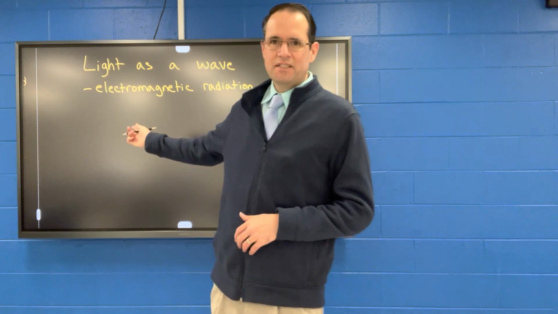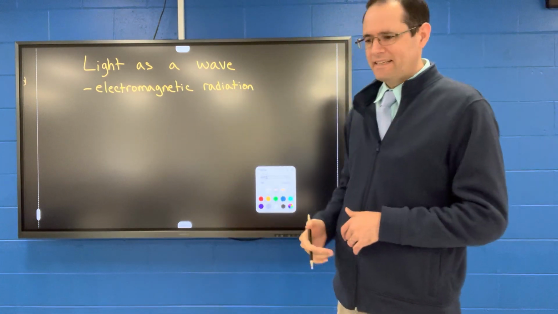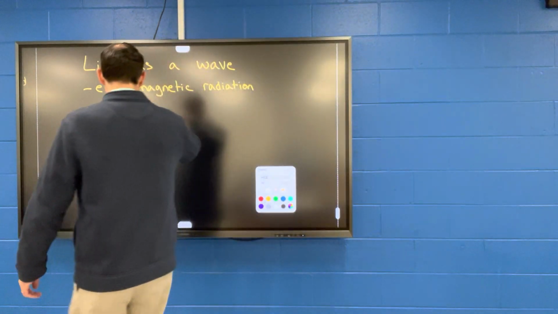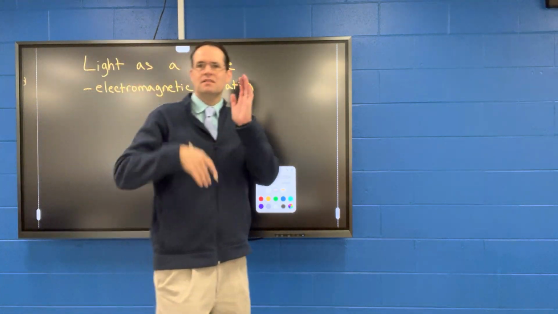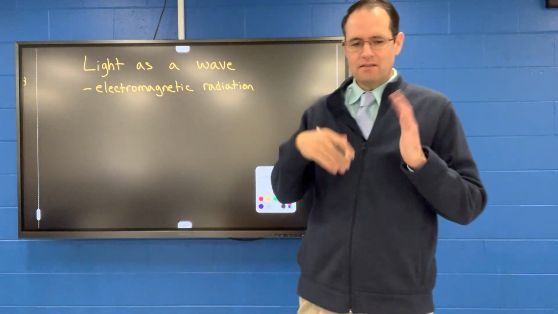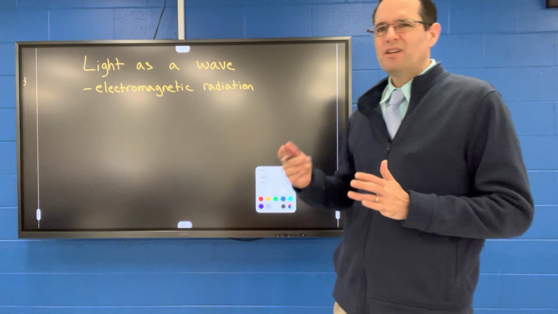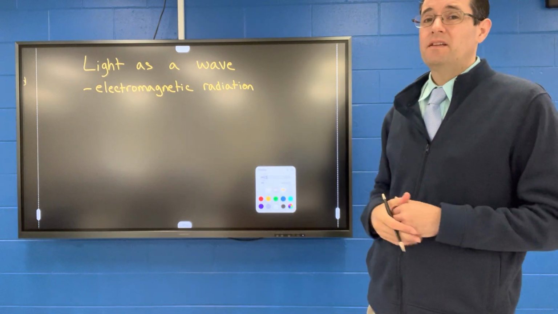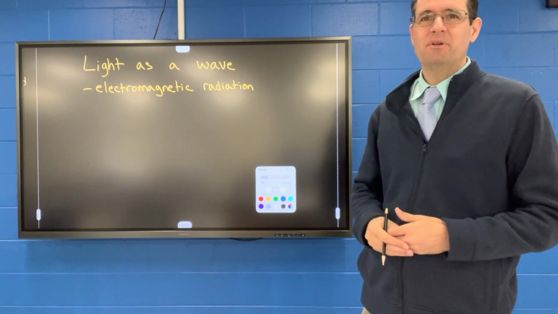And you can see electric, and then you can see magnetic in there. Now, there's an oscillating electric field and there's an oscillating magnetic field, but I'm just going to draw a simple wave here on the board just to highly simplify things.